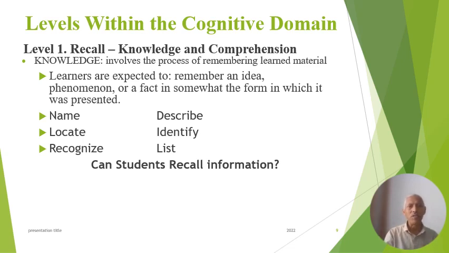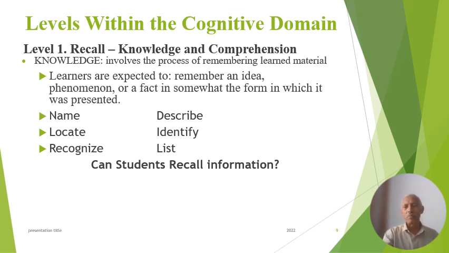So learners are expected to remember an idea, phenomenon, or a fact in the same form in which it was learned. So it's basically giving back. Some of the verbs that can be used: name the 12 disciples, locate where this church is found, recognize, describe, identify, list.